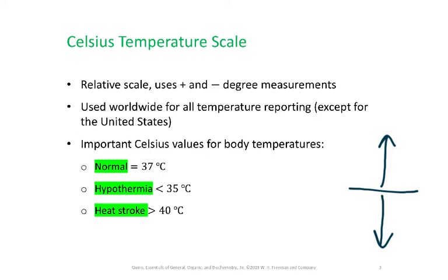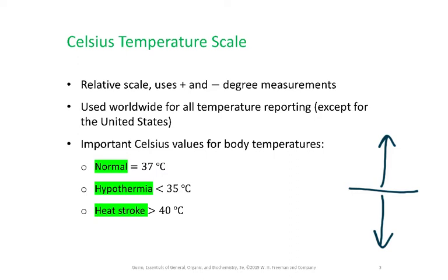So it's really a very different temperature scale, other than the fact that it's a relative scale with pluses and minuses also. Now this is used worldwide for all temperature reporting, everywhere else except here.